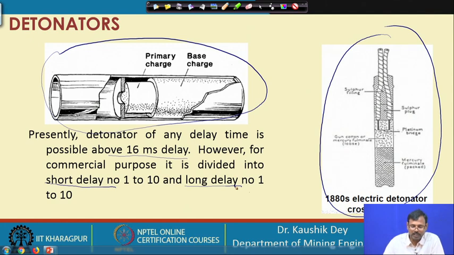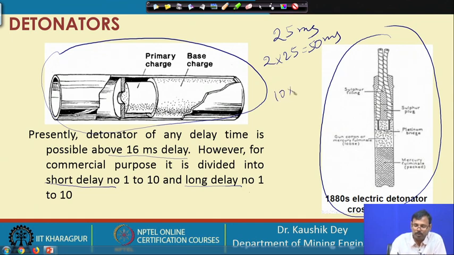That means if someone is asking for a short delay of 1, he will get a 25 millisecond delay. If someone is asking for a short delay of 2, he will get a delay of 2 into 25, that means 50 millisecond delay. So, similarly 1 to 10, that means up to 250 millisecond delay is commercially available.